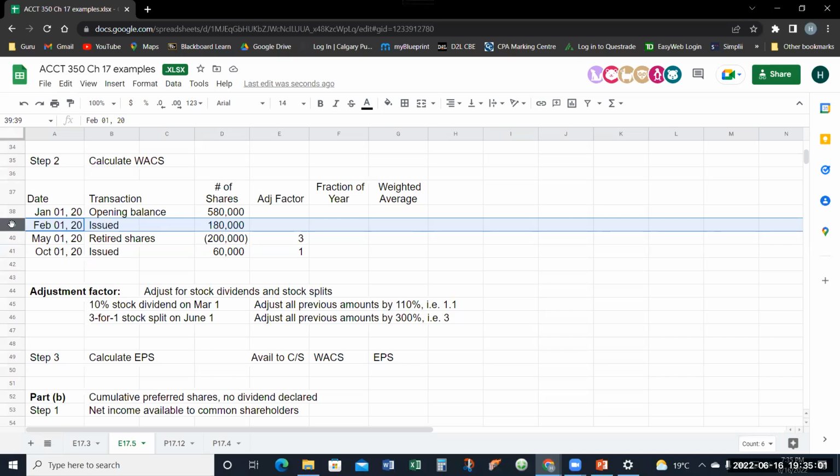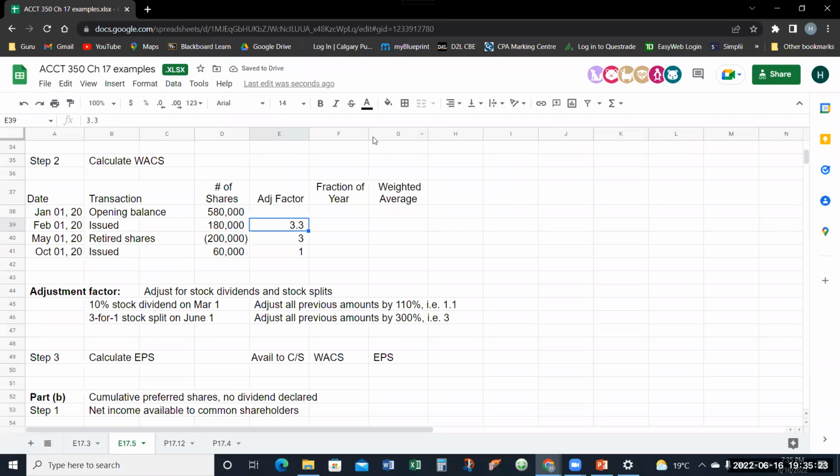The adjustment factor for the stock split is 3. The adjustment factor for the stock dividend is 1.1. So 3 multiplied by 1.1, the total adjustment works out to 3.3. You want to multiply these. If you have more than one adjustment factor, it's the product. So don't think of it as 3 plus 1.1.